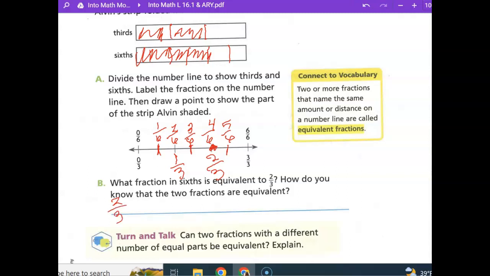So 2/3 is equal to how many sixths? It's right here. Equals 4/6. How do we know this?